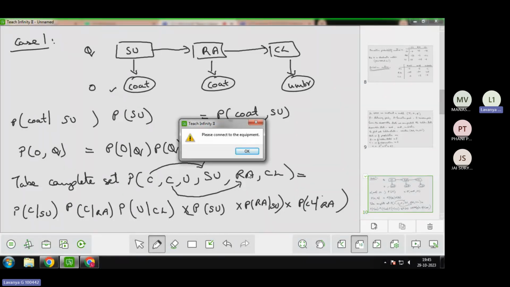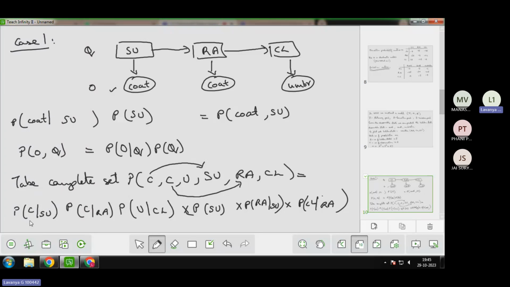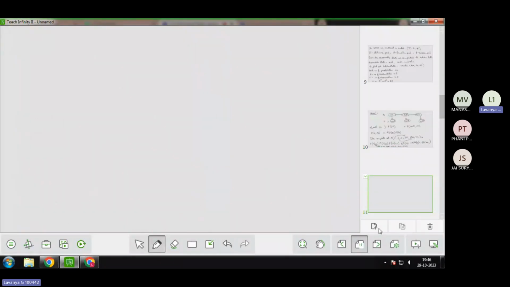Now the first weather is independent. What is the first weather? Sunny weather. This weather is independent. It is not dependent on anything. So we take the initial probability, P of it being sunny. Okay. Then you come here.